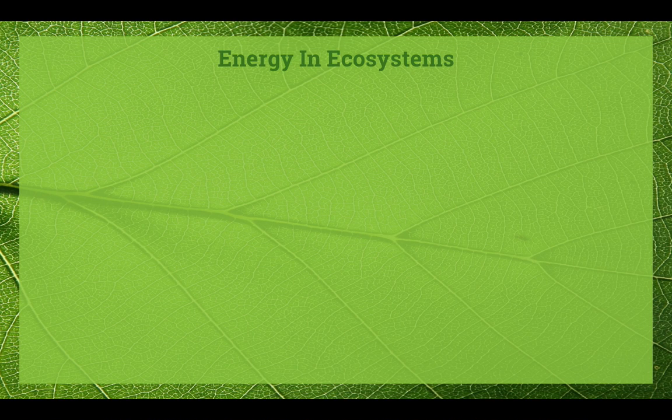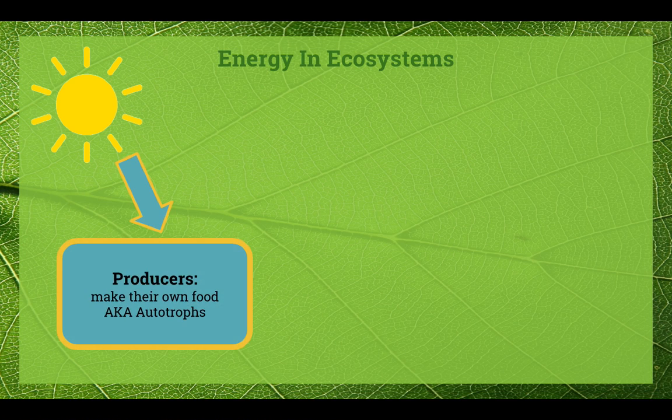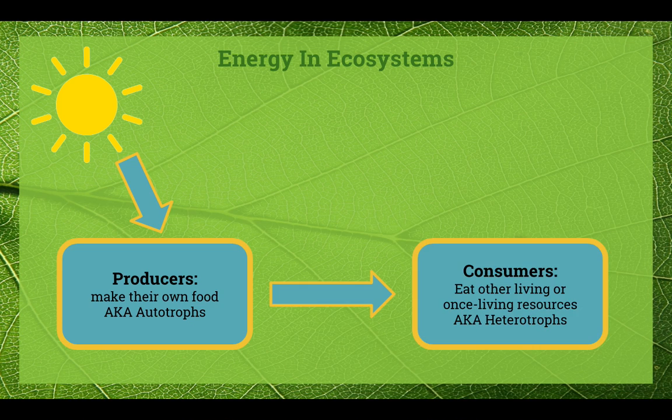All right, energy in ecosystems. All energy in all living things starts from the sun. The sun gives energy to producers like plants that make their own food. We also call those autotrophs. Producers are eaten by consumers, so consumers eat other things to live.